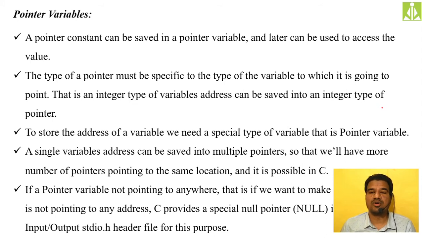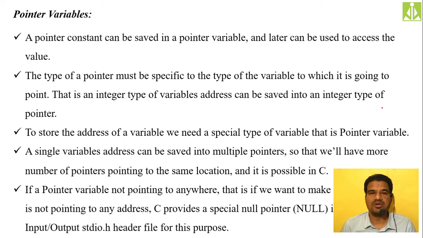You need to keep one important point in your mind whenever you are dealing with addresses. Suppose you have a variable of type integer, that address you can store into a pointer of type integer only. If you have a variable of type integer, you can store the address of that integer variable into a pointer of type integer.